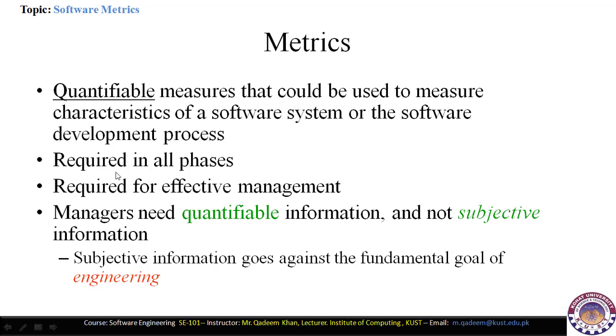So a particular metric should be used in a particular phase, and every phase has different metrics. Now, it is also required for effective management. Good management uses metrics. Managers need quantifiable information, not subjective information, because from quantifiable information the manager can trace the progress of the project.